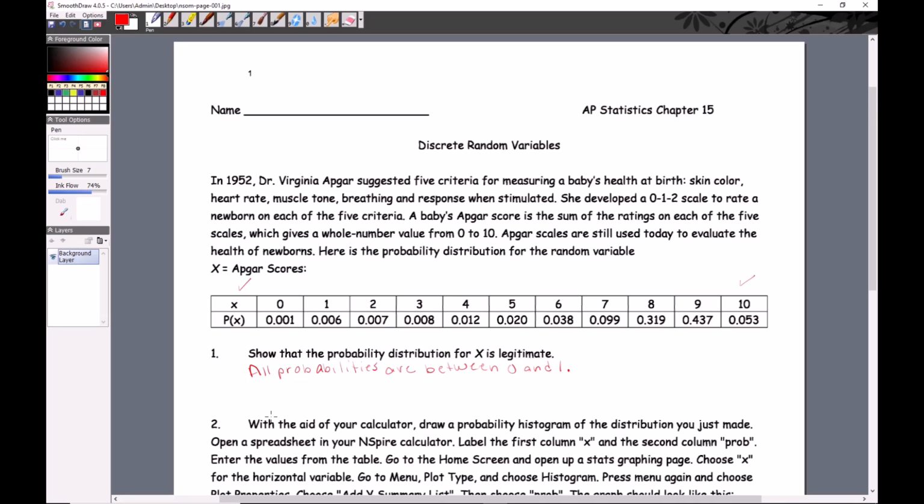All right, that's the first thing. And I'm going to just kind of ask you to trust me on this. All probabilities here do add up to 1. I did check that. So all probabilities add up to 1.